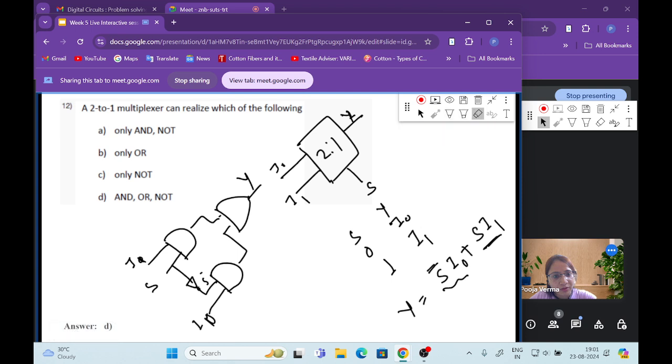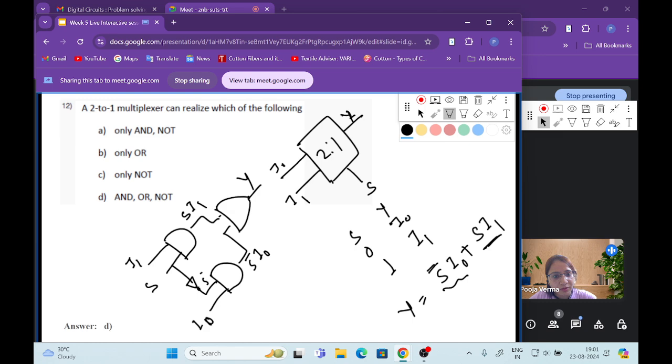Now it is correct. Here it is I0, and here it is I1, right? So S into I1, and here S dash into I0. If we add this, you will get the overall function y equals S dash I0 plus S I1. So in total, two AND gates, one NOT gate and one OR gate.